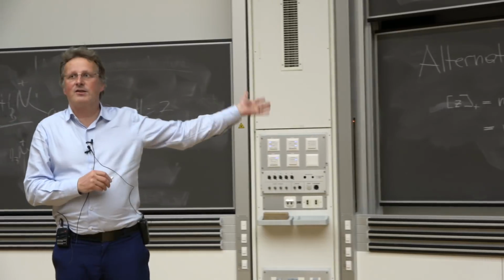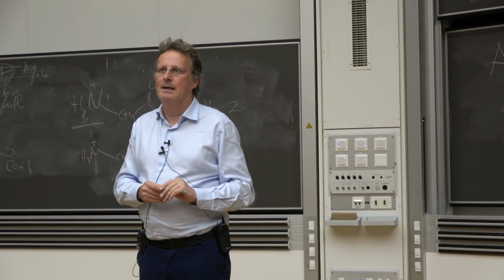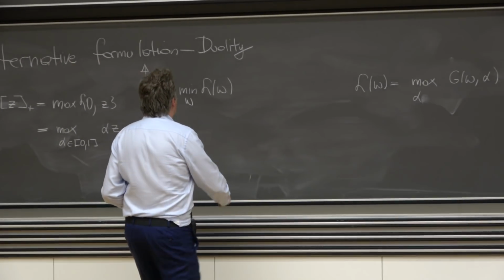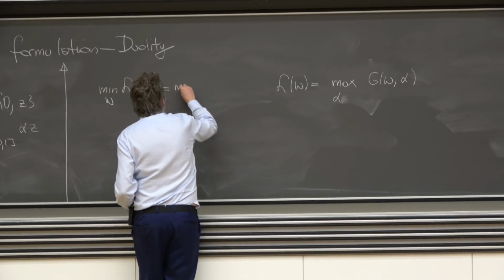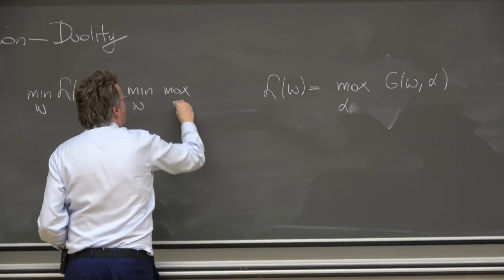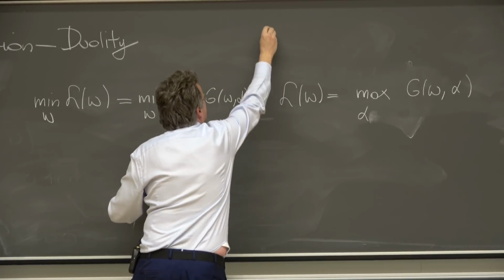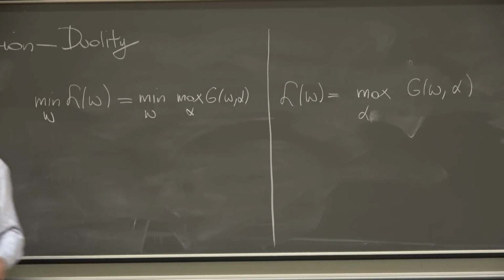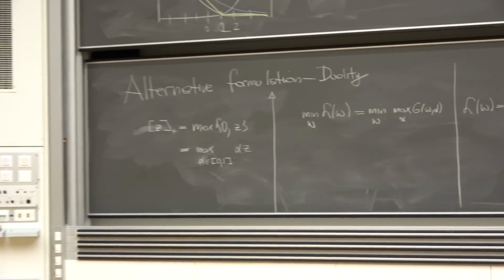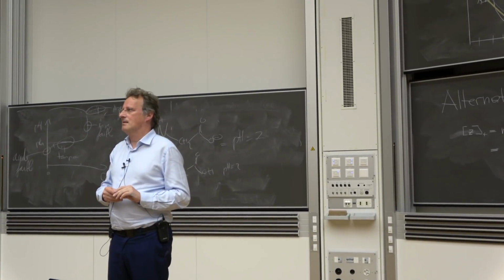Instead of taking our cost function that we just need to minimize, we're looking at a more complicated function, right? And now what will be the point? So now the point will be that this is, of course, the same as the min over the w, the max over the alpha of g of w and alpha. Right? So now we can solve our original minimization problem with something seemingly more complicated, because now we don't just have the minimization, we also have the maximization inside.